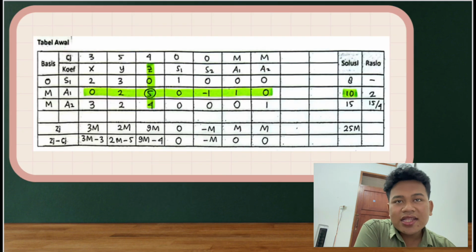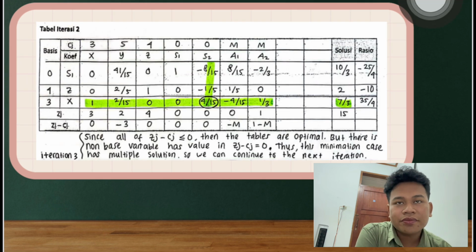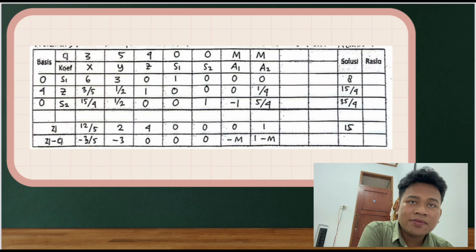Okay, next, this is the initial table using the usual way of the simplex method. This is the first iteration. This is the second iteration. This is the third iteration.